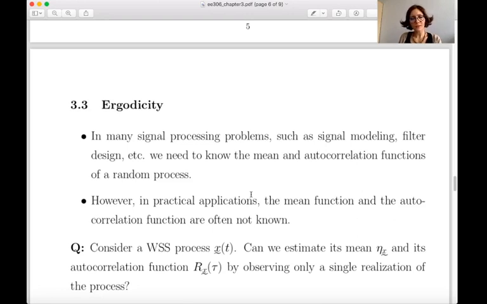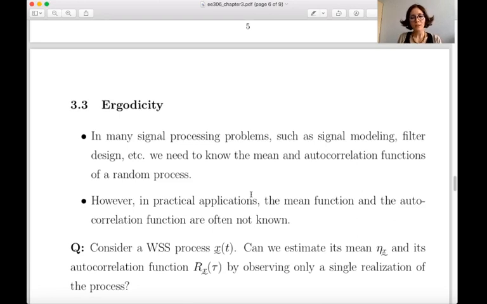So if you're in such a situation where you want to apply some kind of operation on your input signal, like designing a filter, and if you have decided to model your input signal as a stochastic process, a random process, then very often in most of the tools, what you need to know is some statistical properties of your input signal.